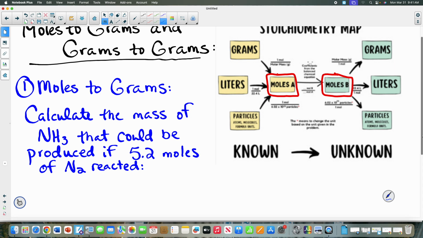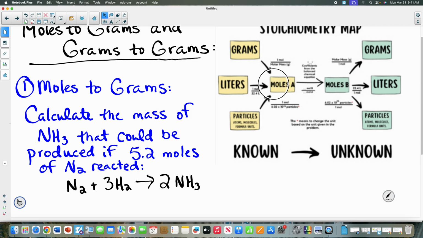Okay, and we're going to use this balanced equation. So let's analyze what we're given and what we're being asked to calculate. What number, unit, and substance are we given to start with? 5.2.